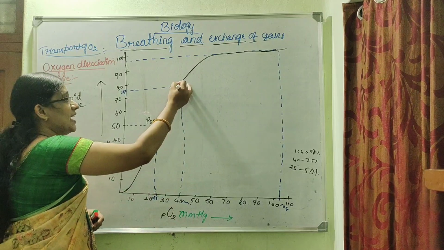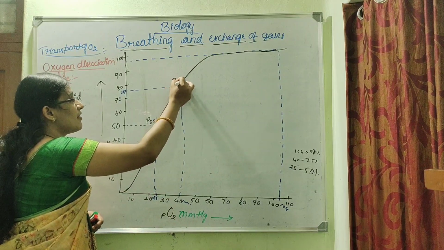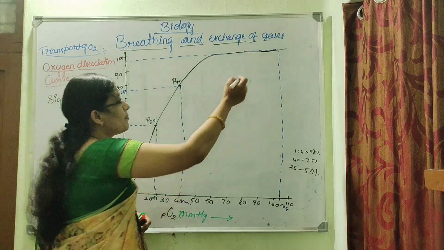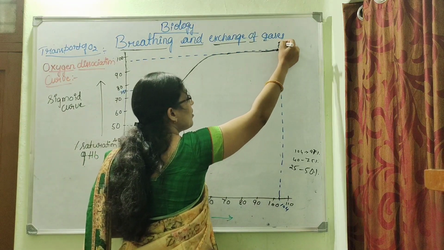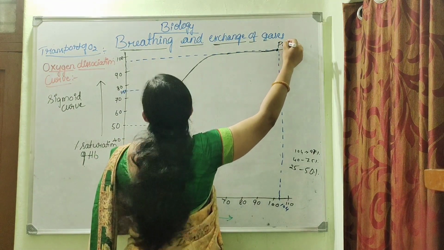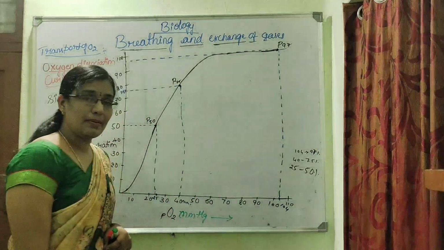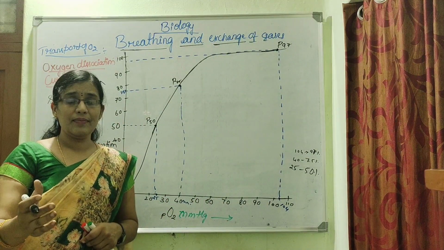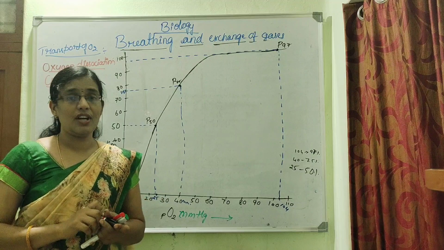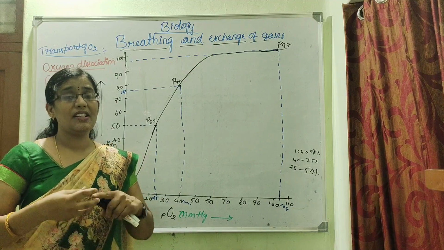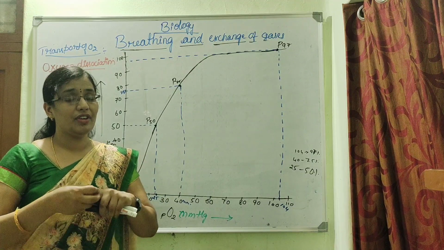Likewise, this can be called P75, and this point can be called P97. Usually, during this corona time, they will be checking the percentage saturation of your oxygen.